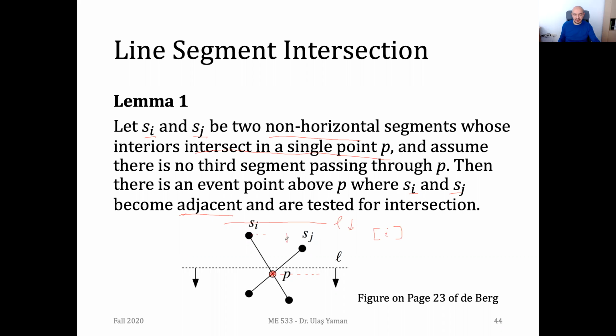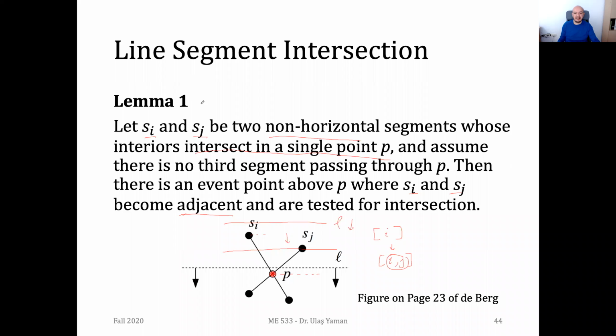We continue going downwards, and at that event point we have a new line introduction, and right now our status will be I and J, right? Since we have a new couple here, new neighbors, we need to do a check. Once you do the check between I and J, then you should compute this intersection point P.